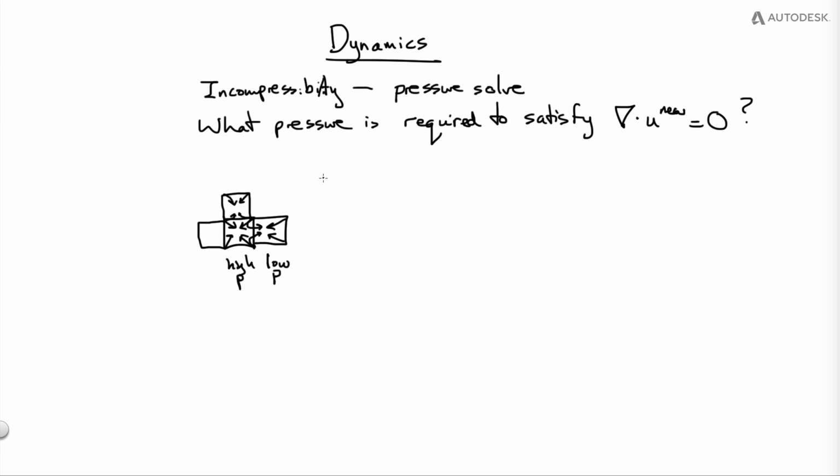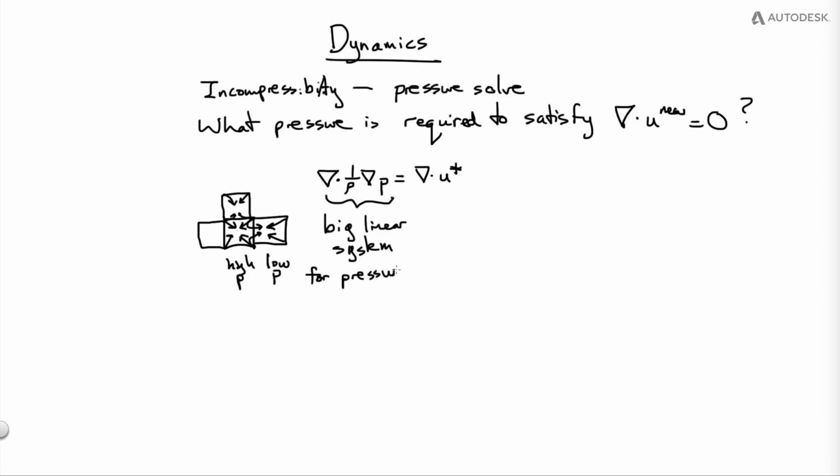It turns out, I'm not going to go through all the math here, but it ends up solving what's called a Poisson problem, which in differential equation form looks something like this. But basically, this means we have a big linear system for all the pressures.